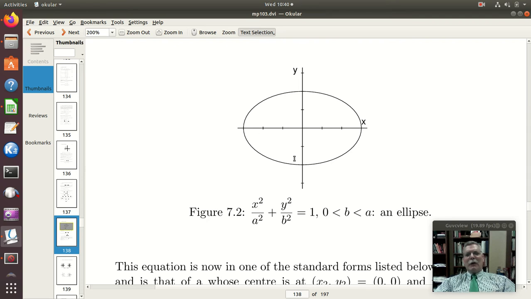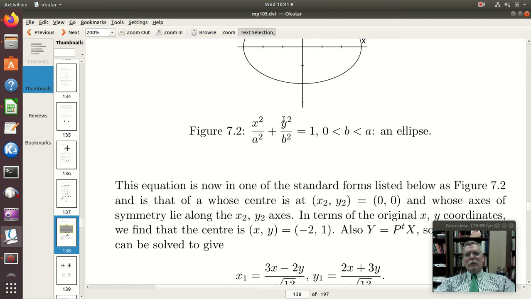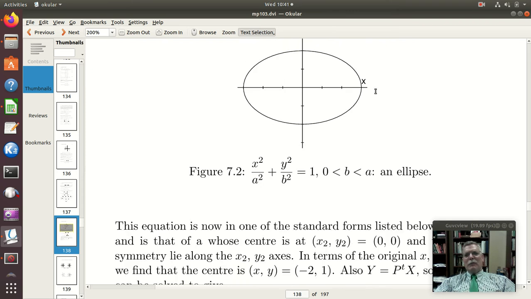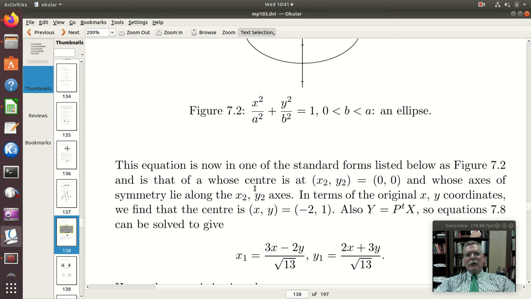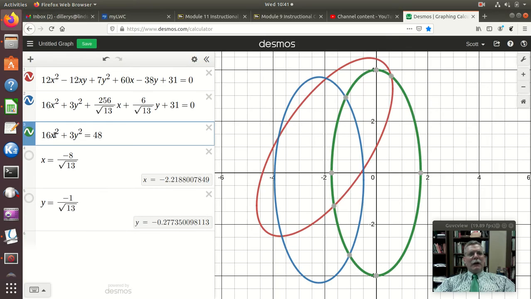This is just a generic picture, and so they go through that idea so that we get the major axes here, and they point out that for this picture A is bigger than B. We don't have that, right? If I divide here, I'll get a 3 here and a 16 under the y, and so in our case B is bigger than A, and that's why it's taller than it is wide.